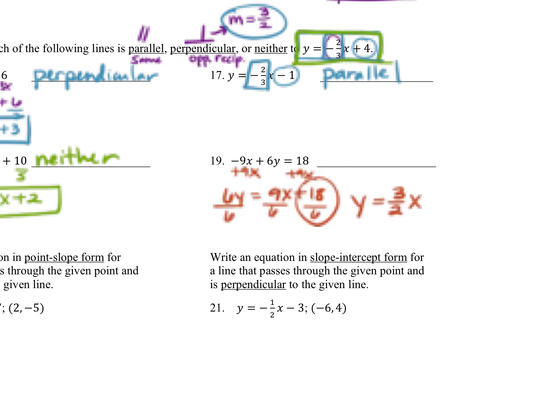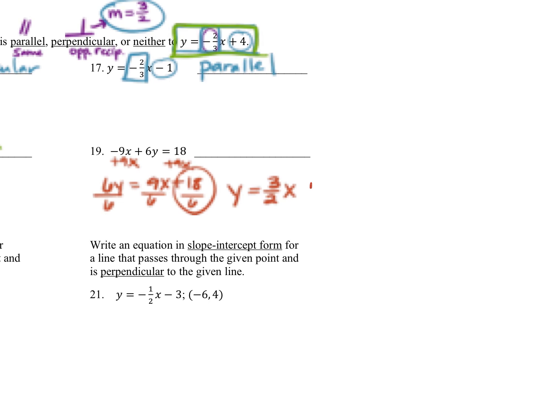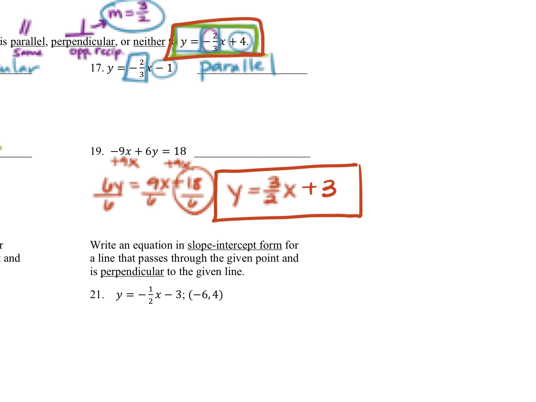And then 18 over 6 is 3. So that's a positive 3. So we have this equation and we have this equation. This was a slope of negative 2/3. Now it's a positive 3/2. So those are opposite reciprocals. It flipped over and changed the sign. So that's going to be perpendicular.